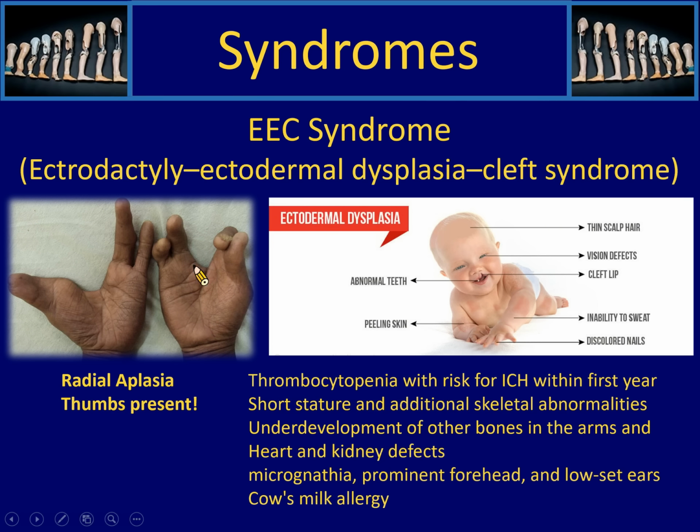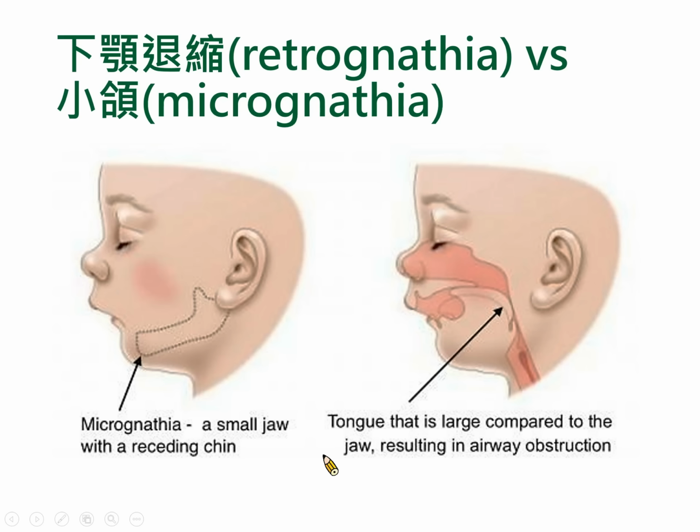You can see the fingers have only 2 rays. We call that radial aplasia. The thumb is present, but there is no growth of the 3rd finger, the middle finger, ectrodactyly. So we call it EEC syndrome. This patient will also have thrombocytopenia in the first year, associated with heart and kidney defects.